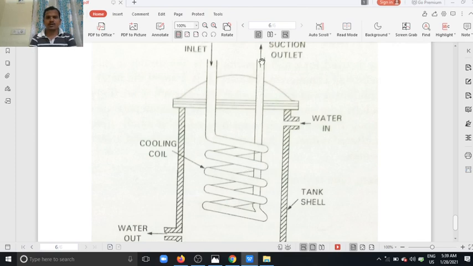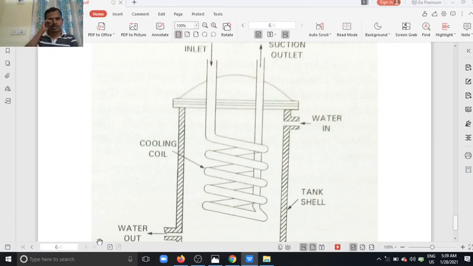The vapor refrigerant goes from this suction to the compressor. The chilled water enters from this area and rejects its heat to this coil. This low temperature chilled liquid is collected at the bottom and goes to the refrigerated space.